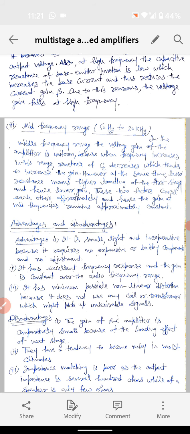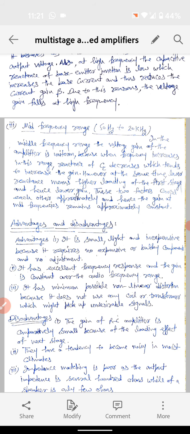One is, as the frequency increases, the coupling capacitance reactance gets decreased, that means the gain tends to increase. But at the same time, due to the loading effect, the gain tends to lower down.